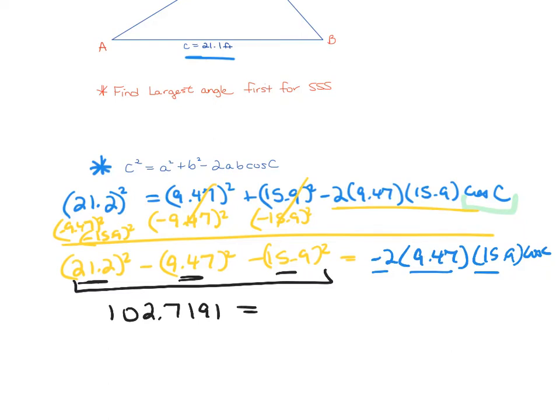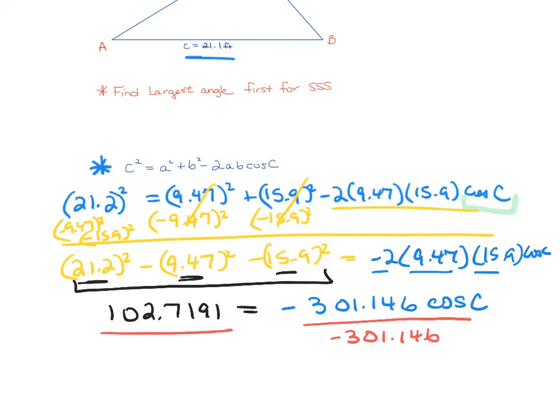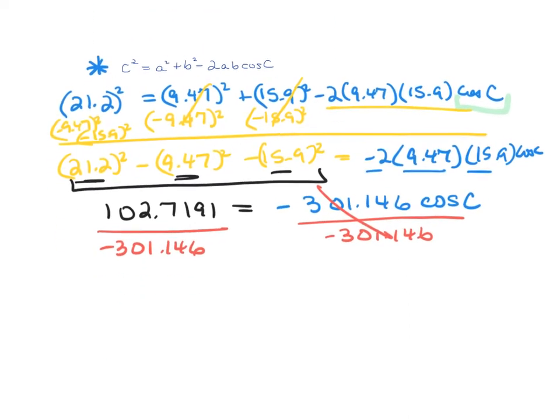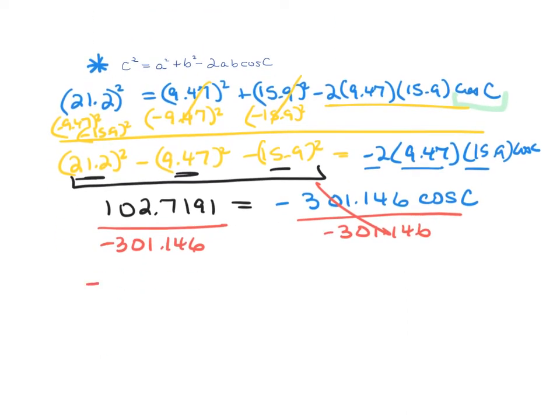Once I do that, I get negative 301.146 times the cosine of C. Again, I'm trying to get cosine of C by itself, so I'm going to divide. That cancels, and now I'm left with negative 0.341094028 equals the cosine of C.